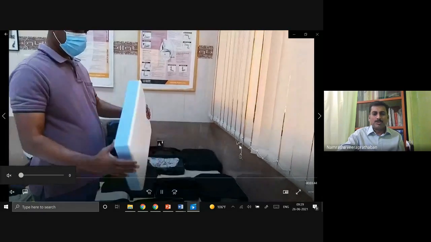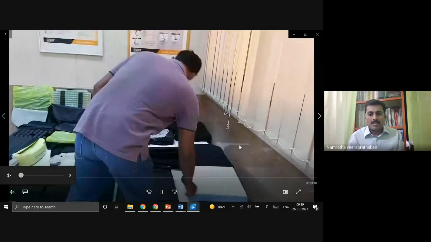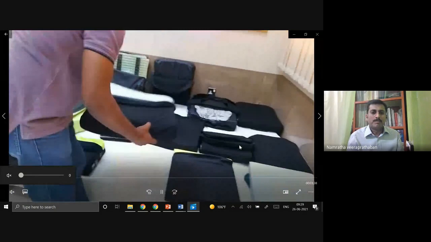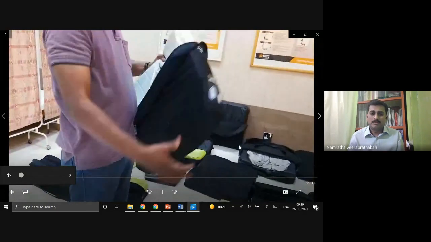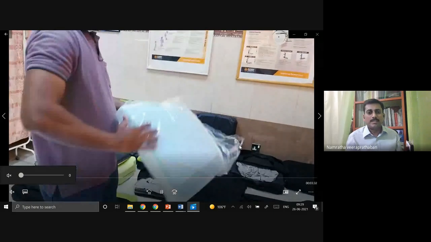This is the basic foam cushion. Okay, next I'm going to show you a memory foam cushion. Just have a look at the shape and the texture of the cushion.